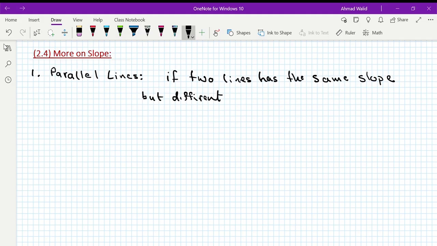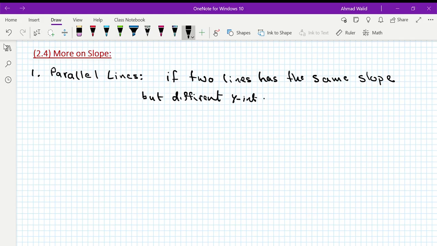Different y-intercept, they are parallel. They have the same slope, equal slope, but they have different y-intercept.